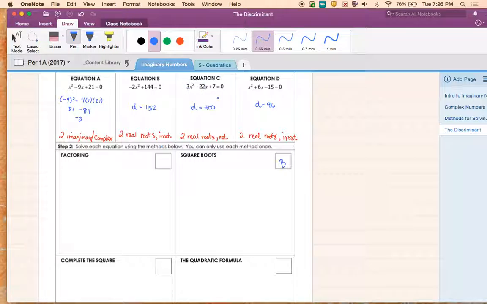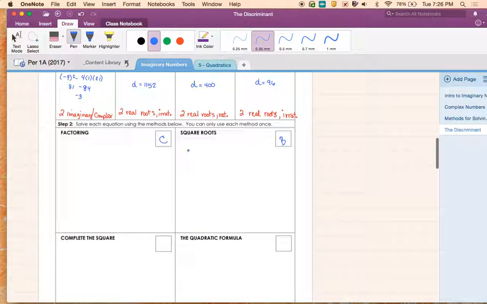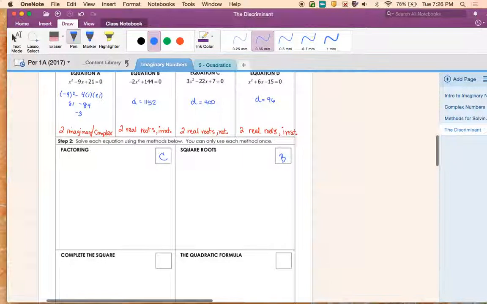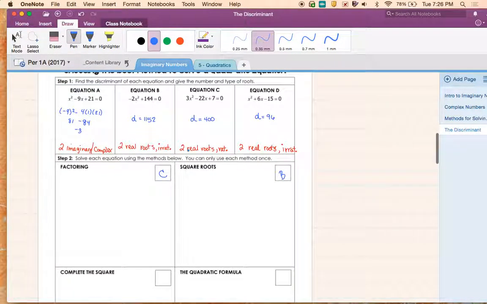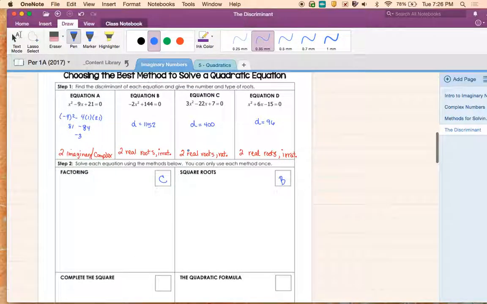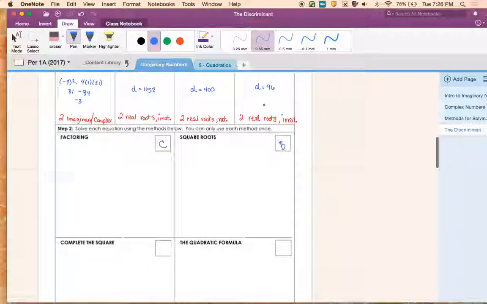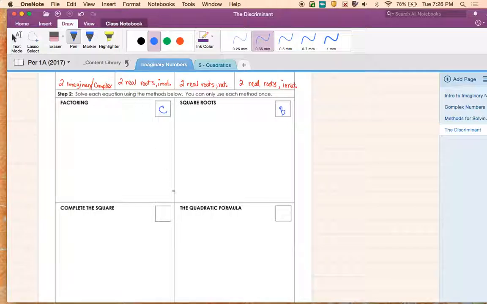So I know that factoring is going to be C. Then I do complete the square. When is it most efficient to use complete the square? That would be D. And for D, completing the square is good because there's no coefficient for x squared, and my B term is an even number. So this one would be D.